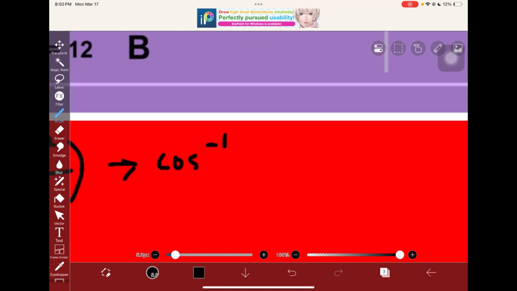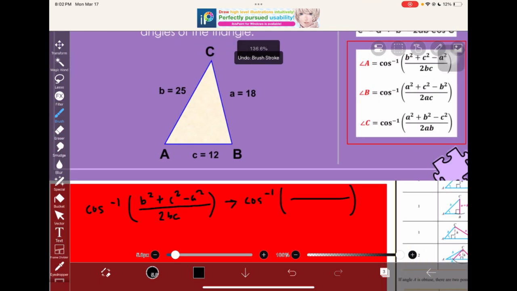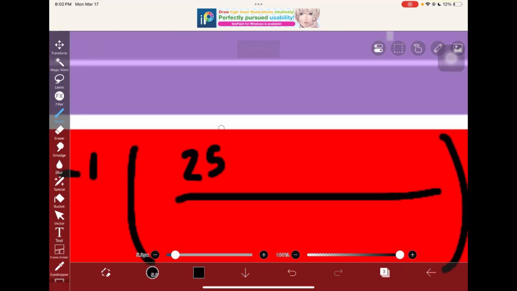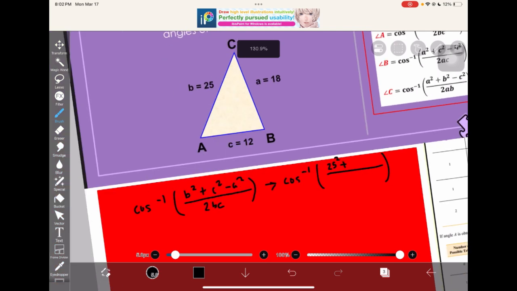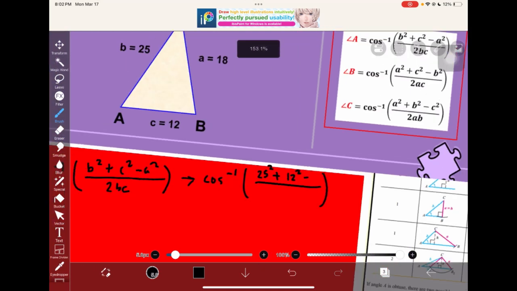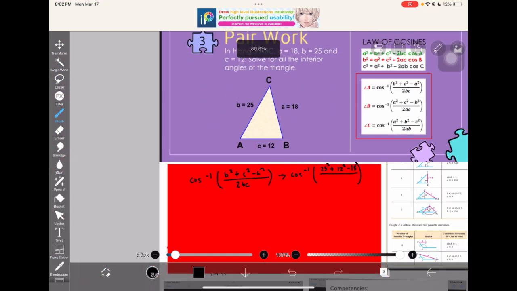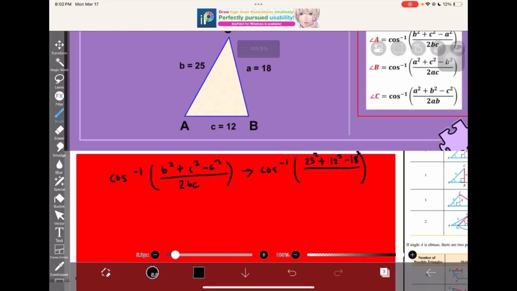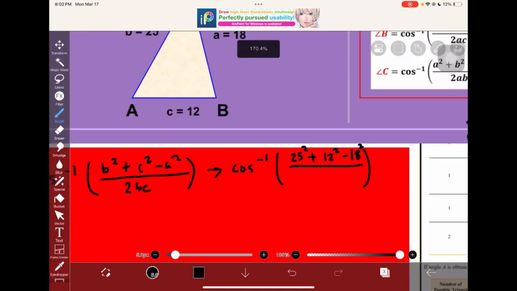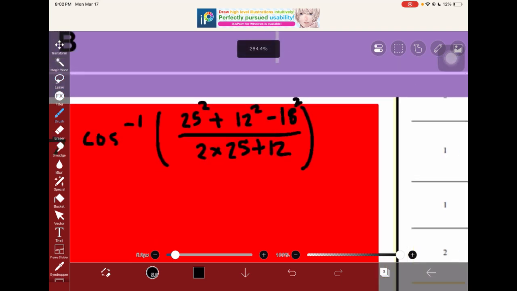Cosine inverse of b squared, that's 25 squared, plus c squared, 12 squared, minus 18 squared, all over 2 times 25 times 12. Let's put that into our calculator, and don't forget the cosine inverse.